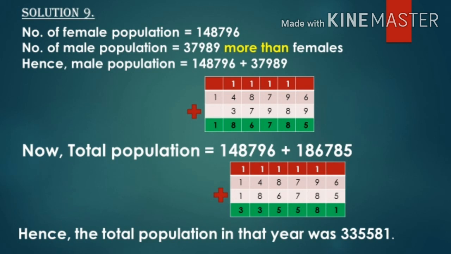So, you will find the sum of these two numbers by arranging in columns. Now, you will get 3,35,581. So, this is the total population. So, you will write the total population in that year was 3,35,581.